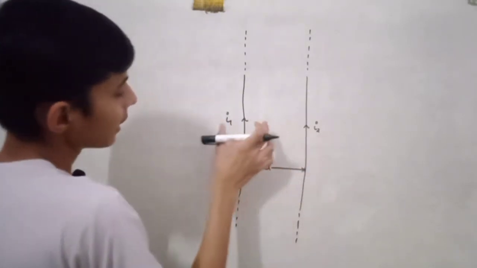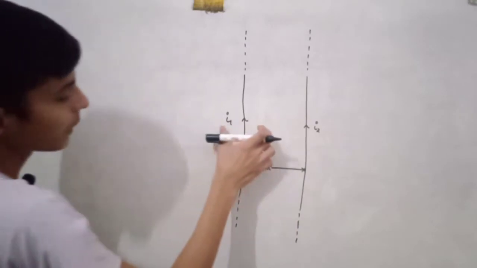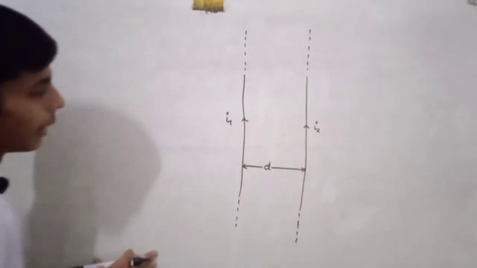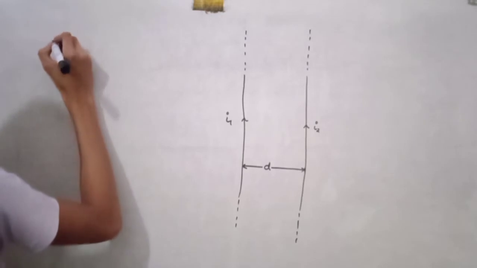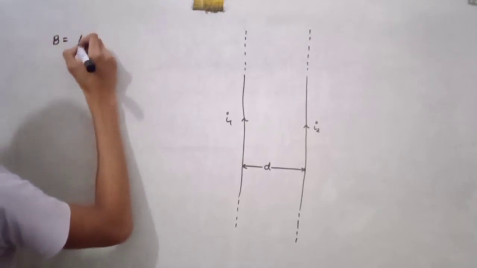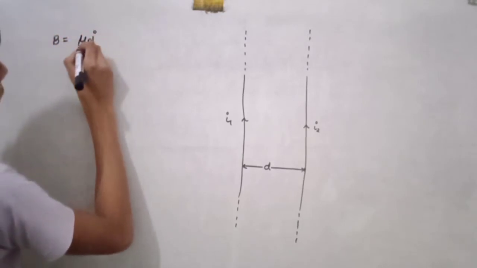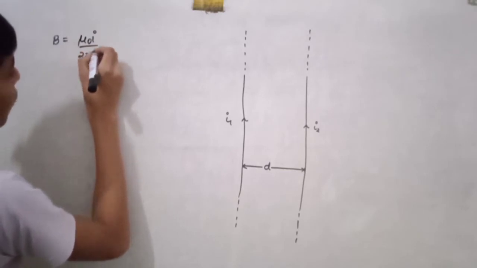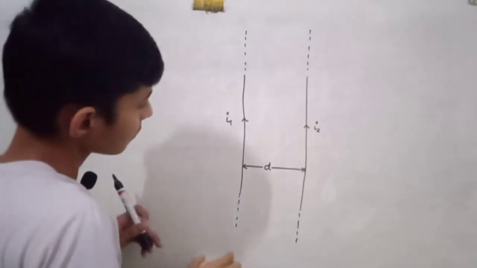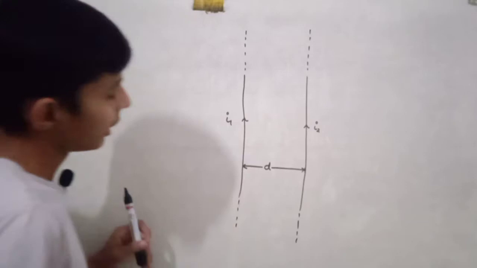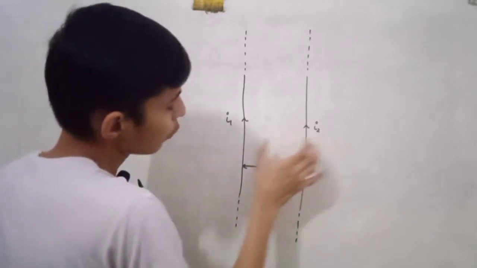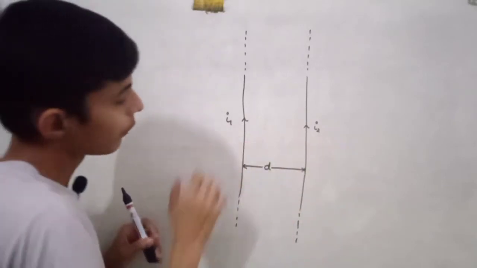Wire 2 is present in the magnetic field of wire 1 and wire 1 is present in the magnetic field of wire 2. So the general formula of magnetic field is mu naught I divided by 2 pi d. From the diagram it is clear that wire 2 is present in the magnetic field of wire 1.